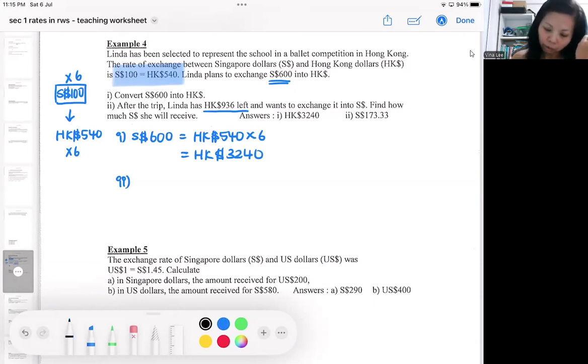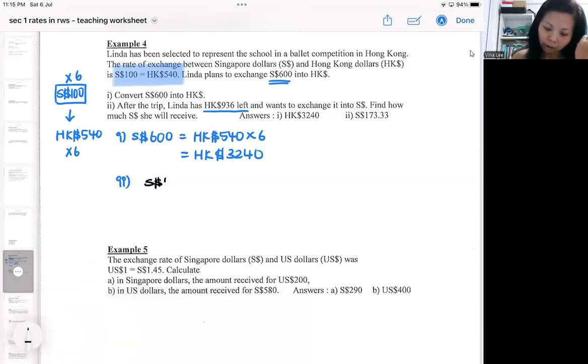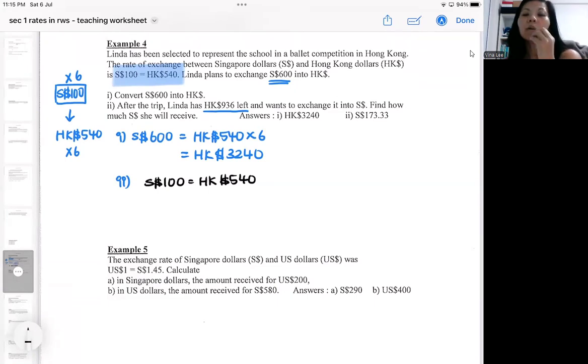So this is what I'm going to do. My habit is usually like this. Sorry, I think just now I mentioned something wrongly. So I want to change it to Singapore dollar. So now my objective is, every Hong Kong dollar, how much can it change into Sing dollar?